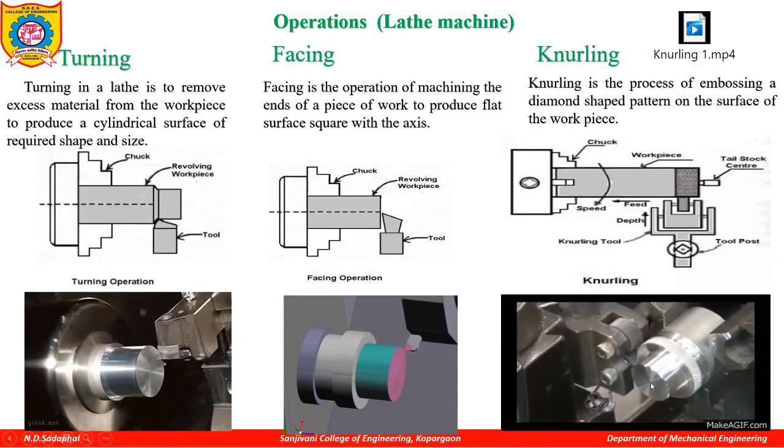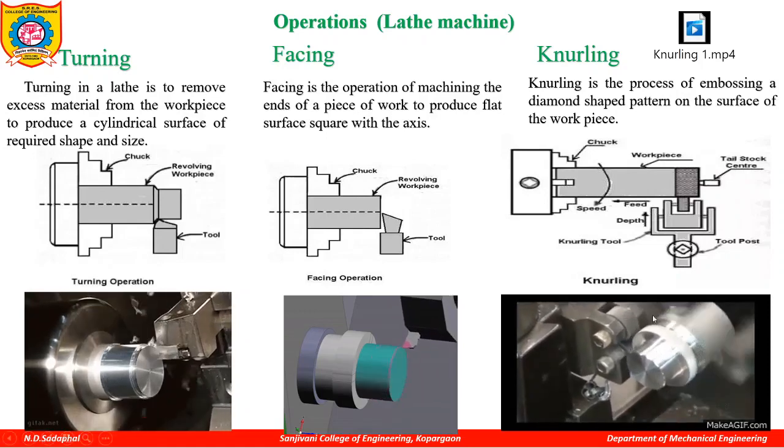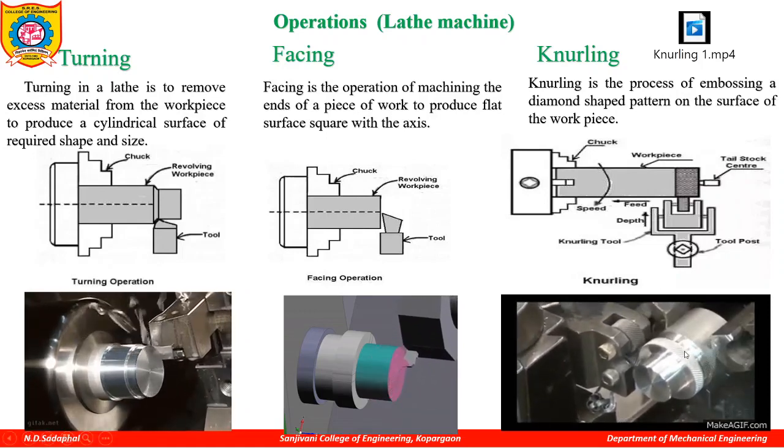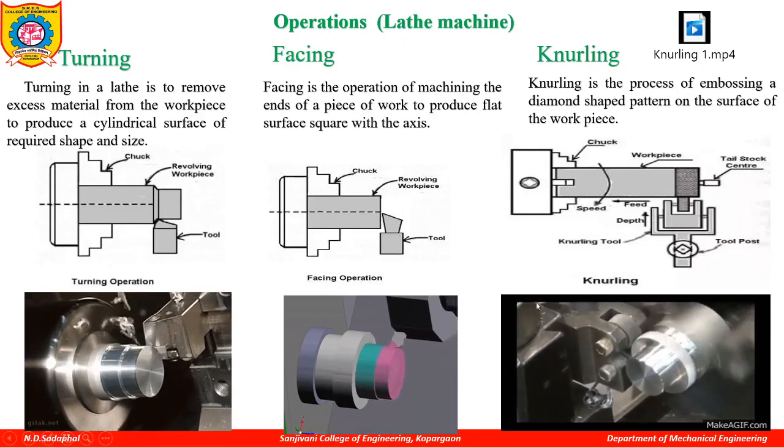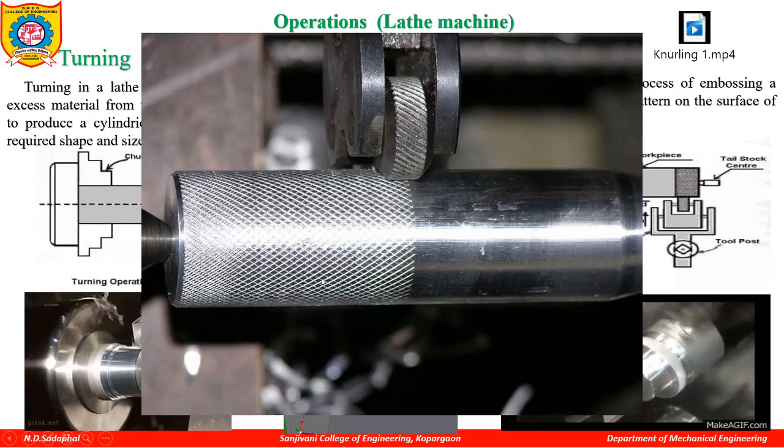If surface is flat, it can easily slip from the hand, so that an embossed shape can be produced to have a nice grip on the workpiece. This type of shape.